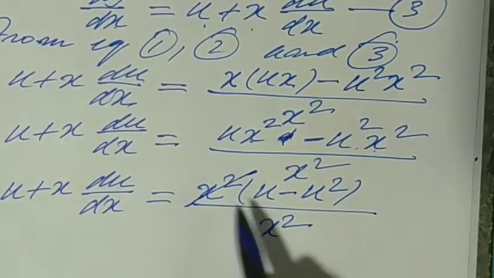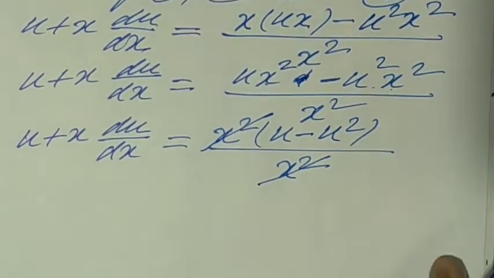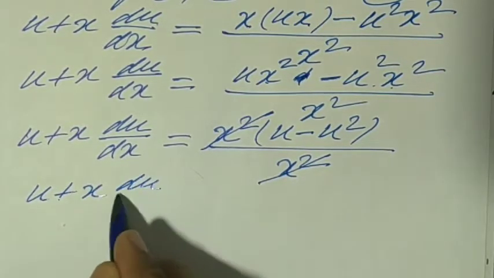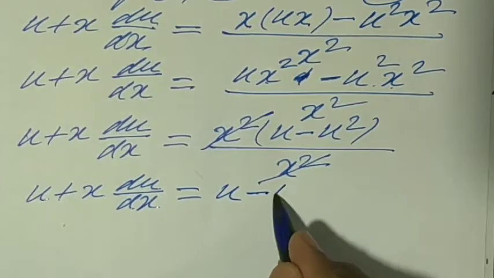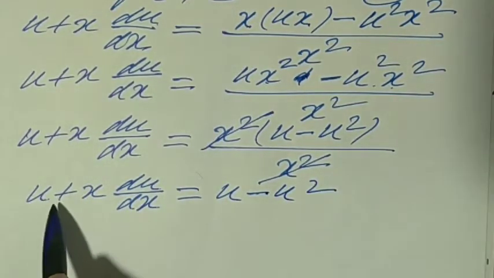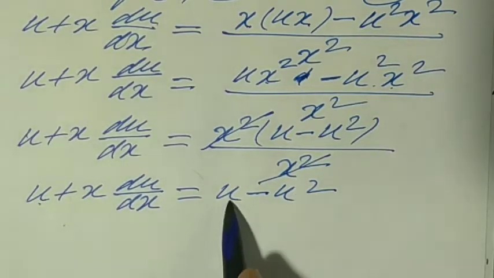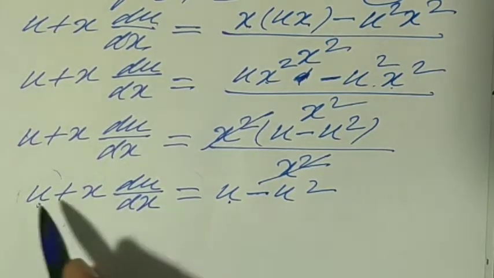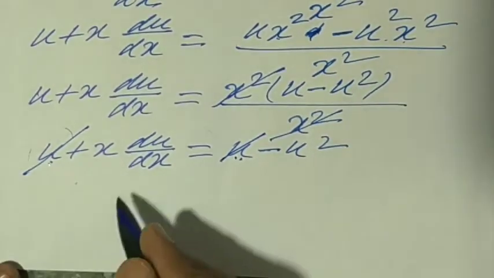Now simply x square is cancelled by x square from numerator and denominator, and we get u plus x du upon dx is equal to u minus u square. Simply now we have to transpose this u to right hand side, so after transposition this u becomes minus u, so minus u and plus u will be cancelled, so we cancel directly.